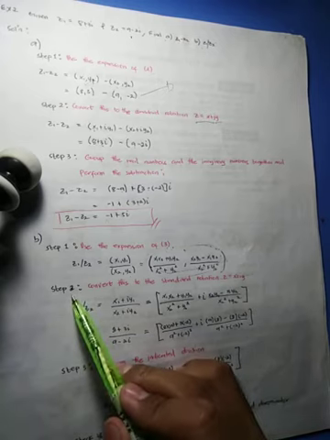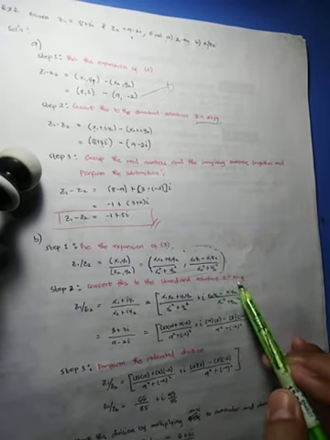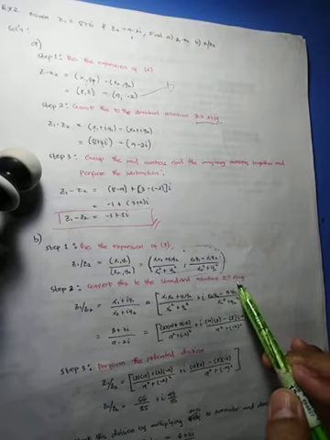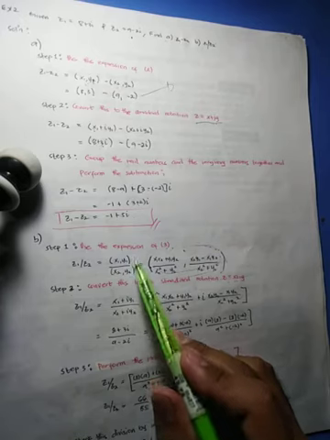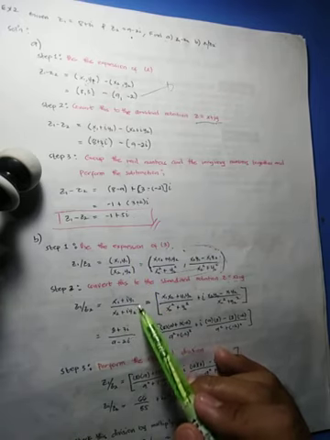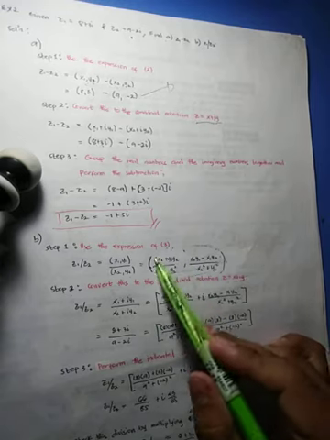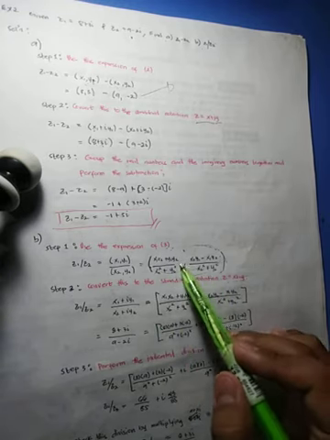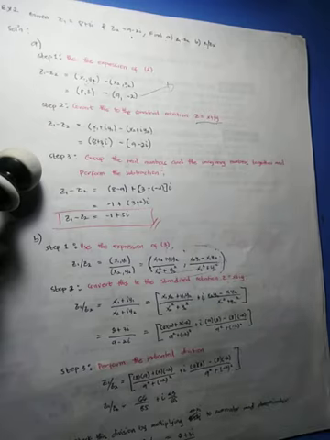Step number 2, convert again this into a standard notation. We have z equals x plus iy. So instead of x1 and y1, it becomes x1 plus iy1 over x2 plus iy2. In this case, what we do is just add them and put an i. That's the standard notation.